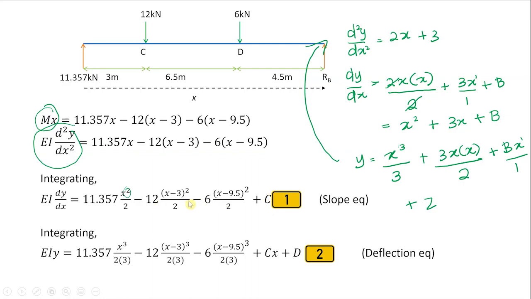This equation we are going to call the slope equation, or we can name it equation number 1.